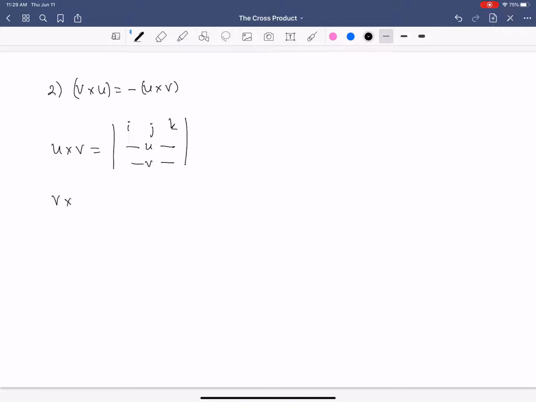Whereas in v cross u, I have ijk, then v as a second row, u as a third row. Well, a row exchange changes the sign, so that's where minus comes from. Switching u and v means a row exchange, and that row exchange implies change in sign.